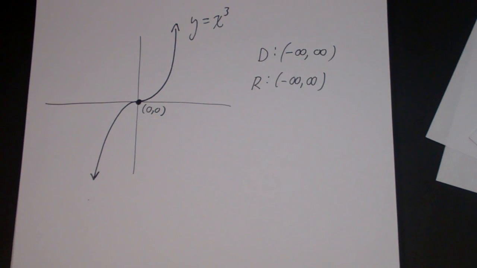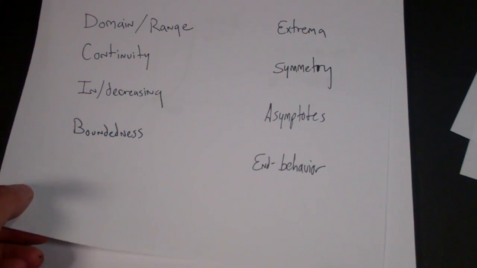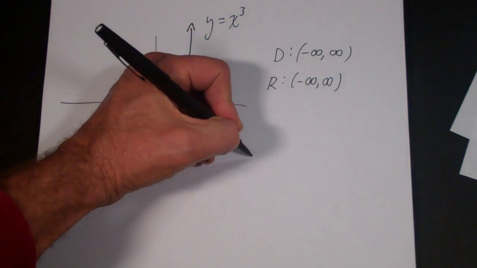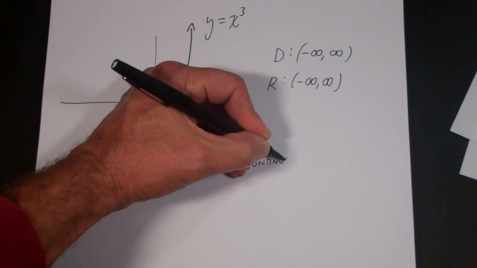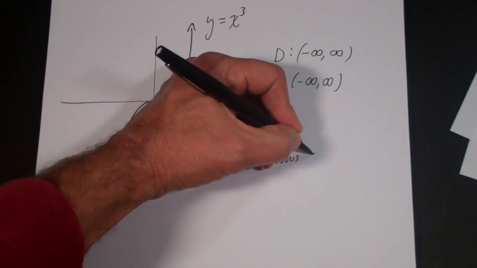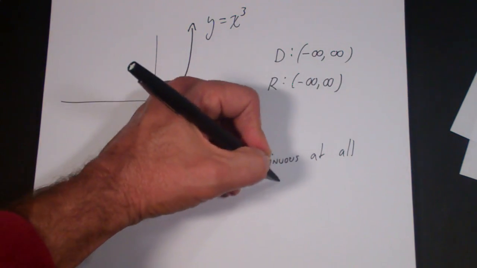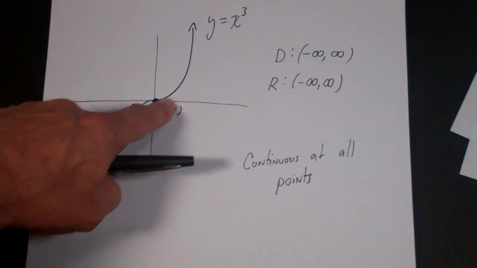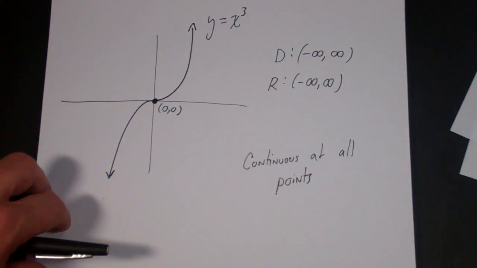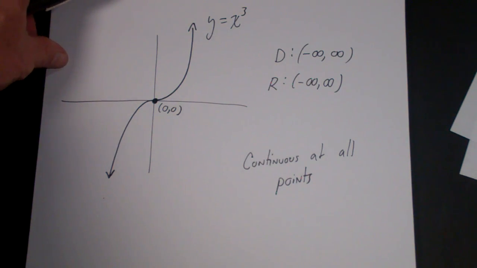The next attribute we're going to look at is continuity. x cubed is continuous at all points. When you're asked about the continuity of a function, you're asked, is it continuous at all points, or are there places where it's discontinuous?